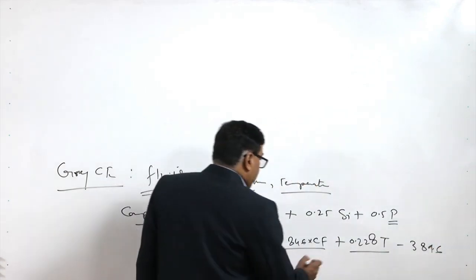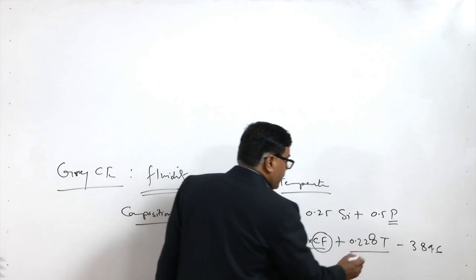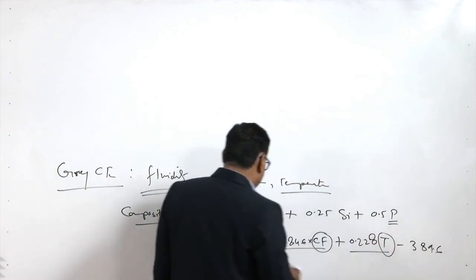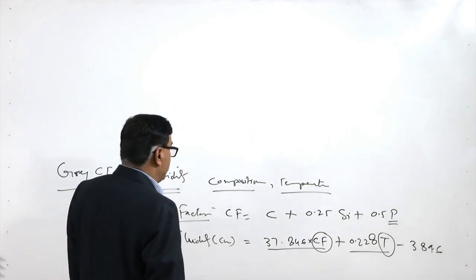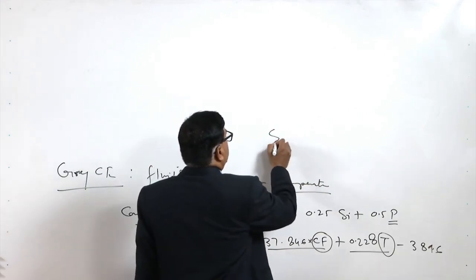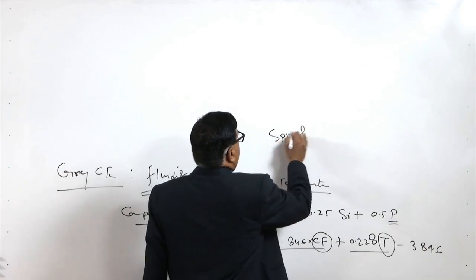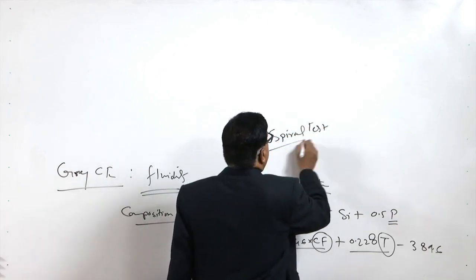So, we know the composition factor and we know the pouring temperature, and by putting in the values, the fluidity in terms of cm can be obtained. For this, one very commonly used spiral test is used to measure the fluidity.